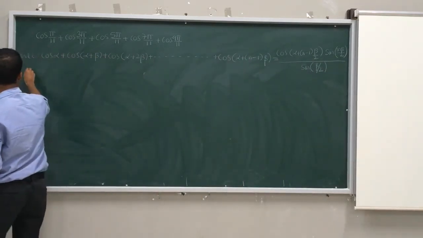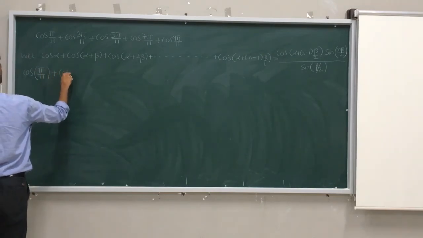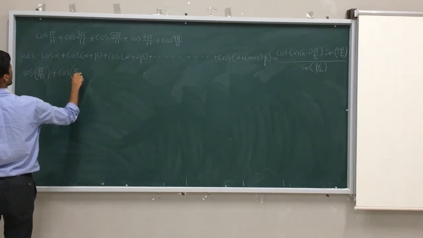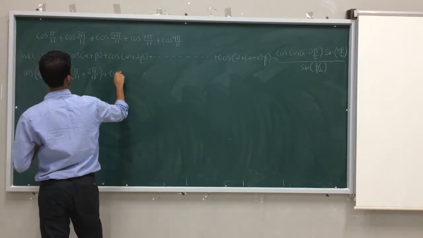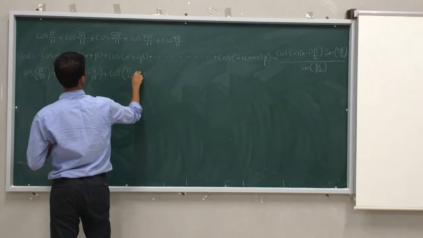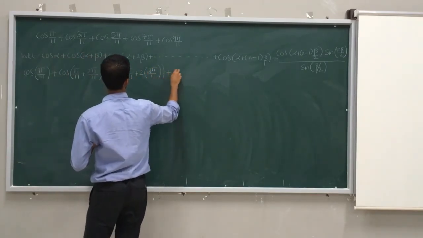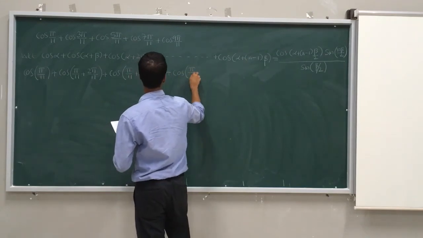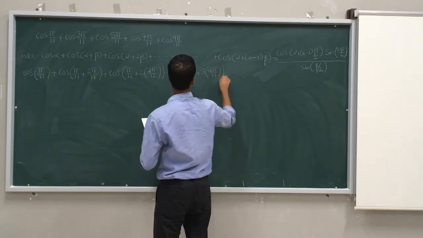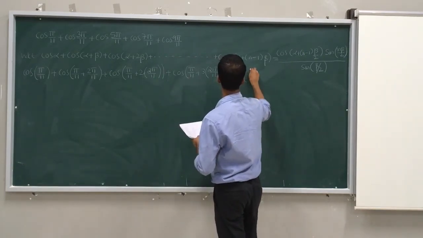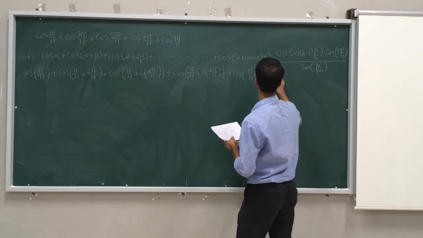So I write this as cos pi by 11 plus cos pi by 11 plus 2 pi by 11 plus cos pi by 11 plus 2 times 2 pi by 11 plus cos pi by 11 plus 3 times 2 pi by 11 plus cos pi by 11 plus 4 times 2 pi by 11.